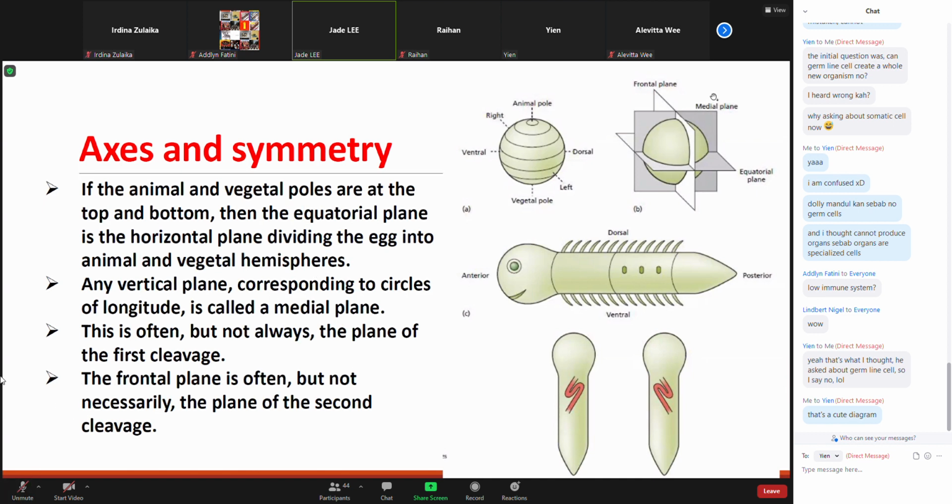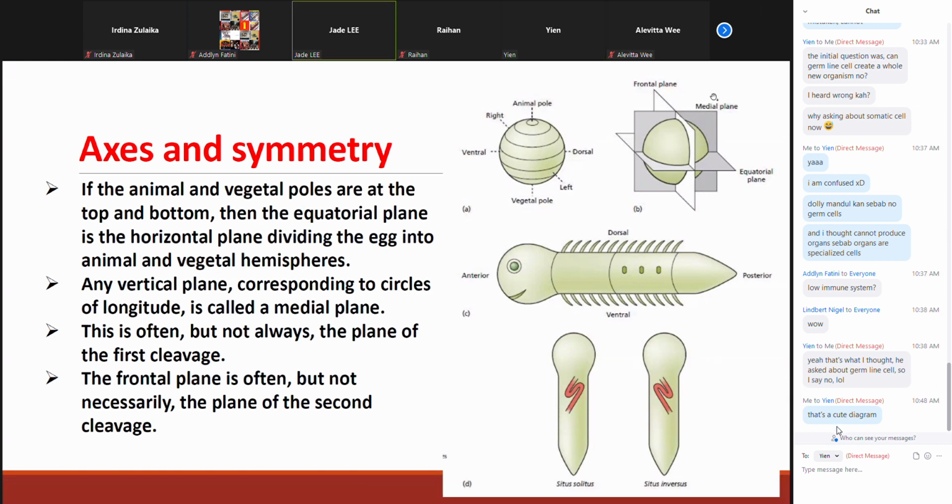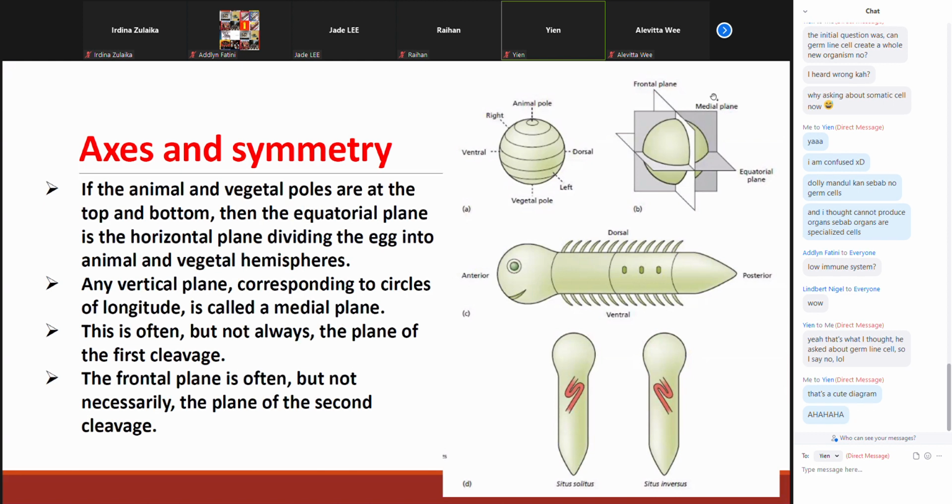Yes, doctor. Doctor, I have an issue. I don't think the slide is moving. Huh? Yeah, we are staying at the first page of axis and symmetry. How come? The Wi-Fi is really bad. Not moving.